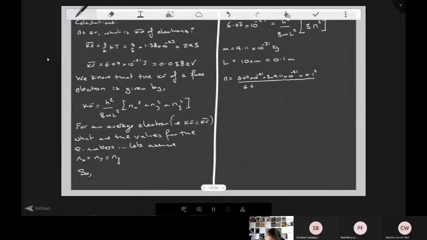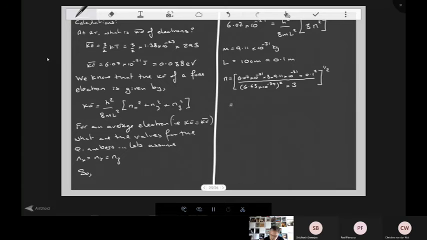okay, 6.63 times 10 to the minus 34 squared. That's a killer. Times by 3. I don't think the 3 is going to make a big difference. I think that's it, isn't it? 8 m L squared. Yeah, I think that's it. Square rooted. So let's have a look.